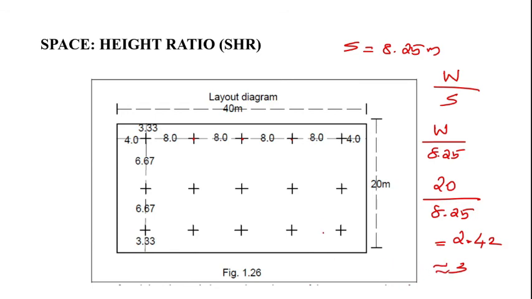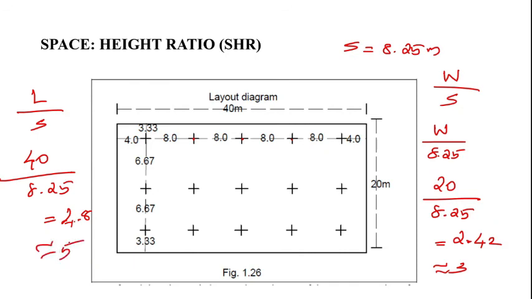Then along the length of the factory area, how many luminaires do you have to place? That is given by the equation, length divided by the adjacent spacing, L by S. So that means 40 divided by 8.25, which is 4.8, and I'm taking it as 5 luminaires.